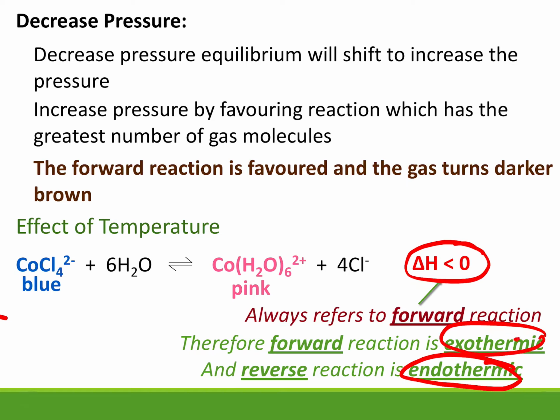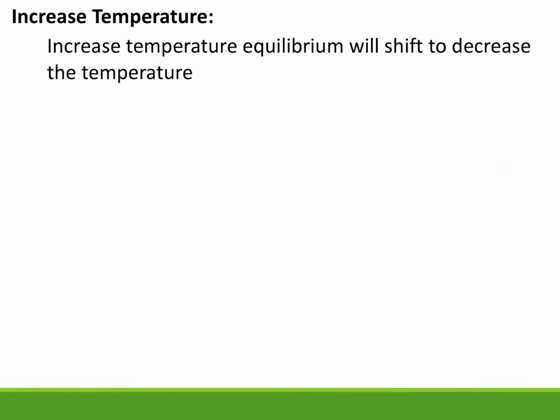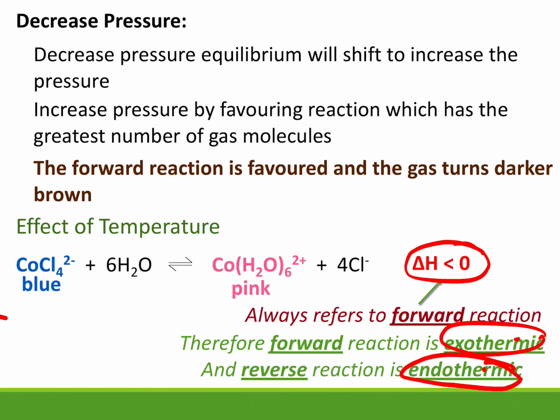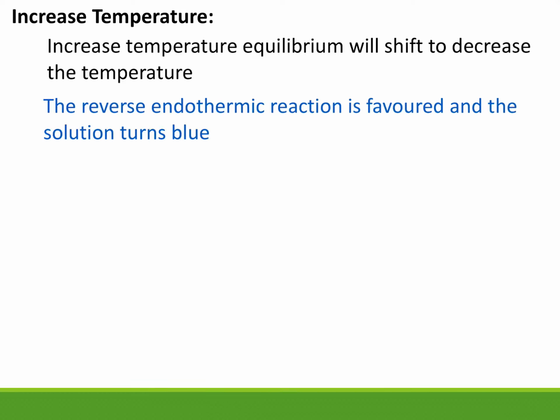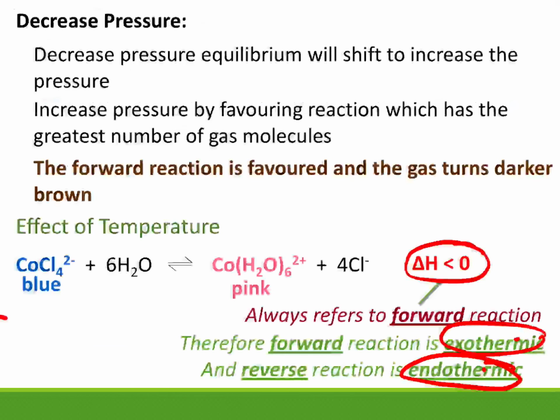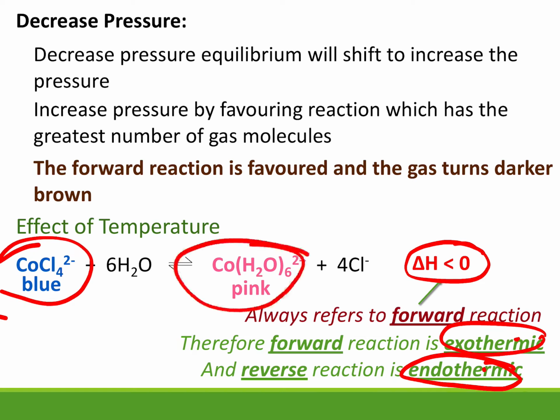So exothermic is like putting the heater on. Endothermic is like putting the aircon on. Let's look at what happens. If I increase the temperature, the equilibrium will shift to decrease the temperature. In the case of the reaction that we're looking at, the left side is endothermic, the right side is exothermic.